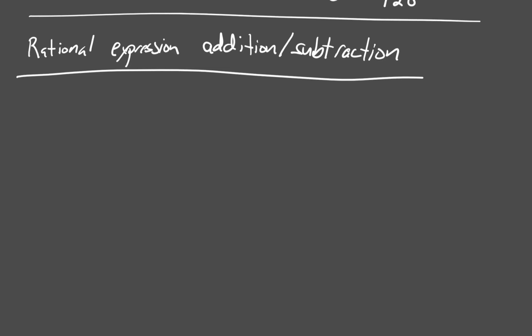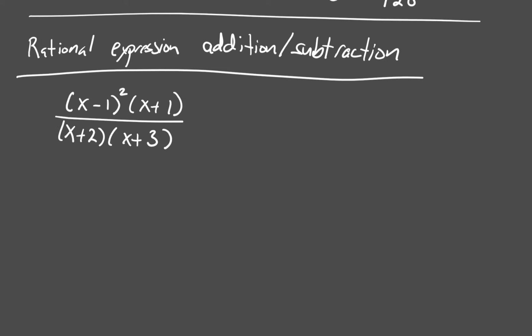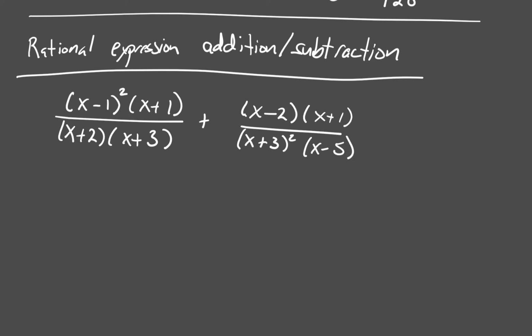So let's look at x minus 1 squared, x plus 1 over x plus 2, x plus 3. And then we're going to add to that, let's say, x minus 2, x plus 1 over x plus 3 squared times x minus 5.